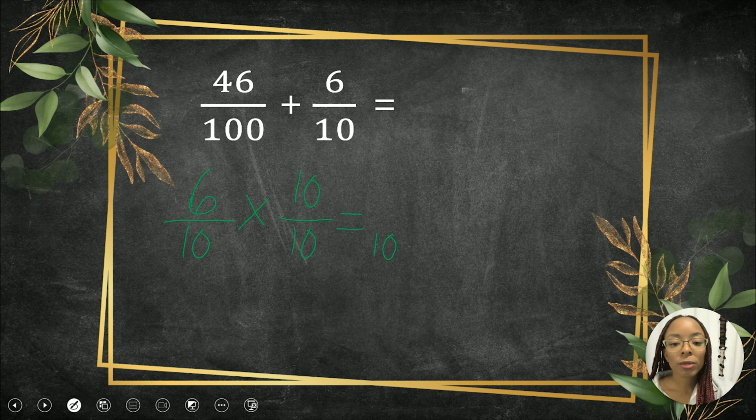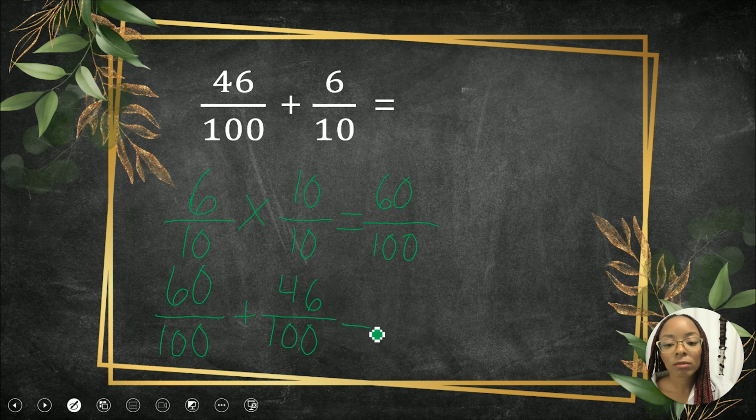So now we have a denominator of 100. And 6 times 10 is 60. So 60 hundredths plus 46 hundredths gives us 106 over 100.